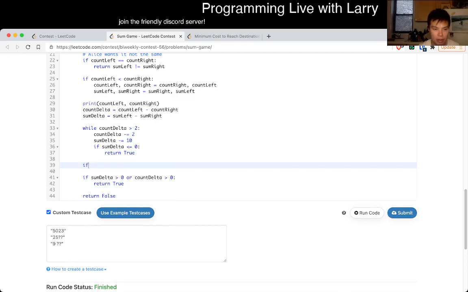If sum delta, so okay, if count delta is equal to, so now it could be either 2, 1, or 0. No, it can only be 2 or 1.